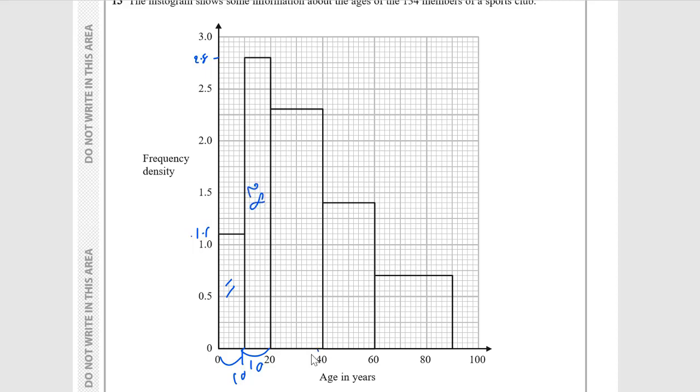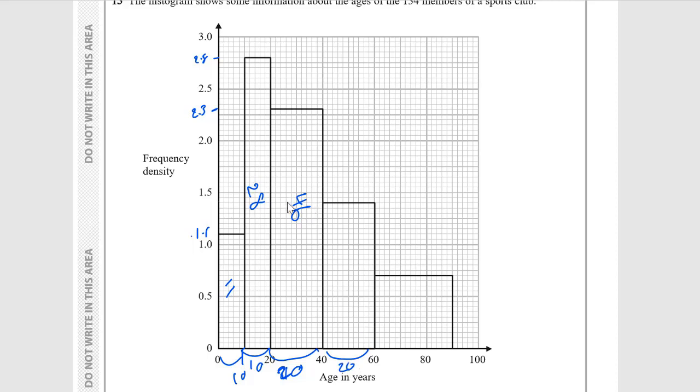And then here we've got 20. And we can see we've got here 2.1, 2.2, 2.3. So 2.3 times by 20 gives us 46. Here we've got 20 again.